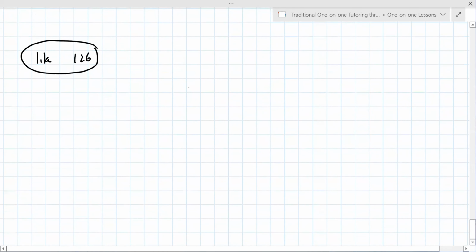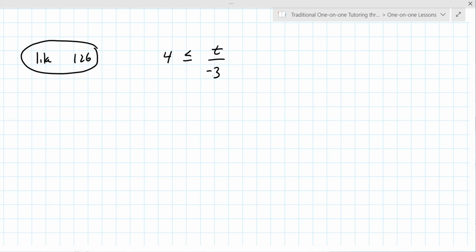Let's go 4 less than or equal to t over negative 3. I've made this one a little more difficult, but I just want to see if there's enough understanding that you can manipulate this. Take a minute and see if you can work that out, please.